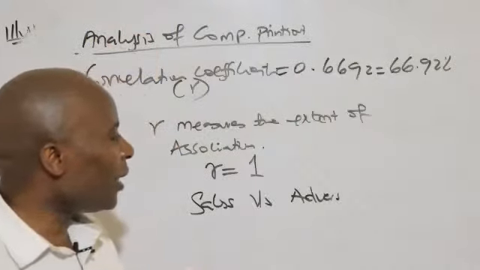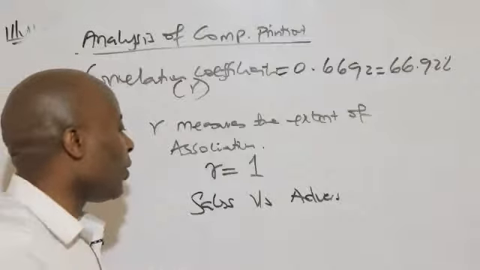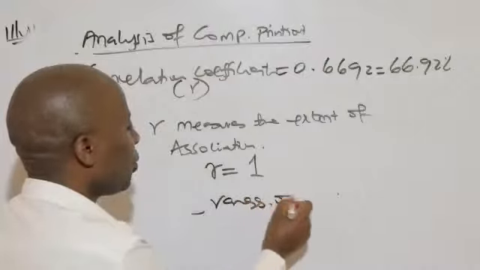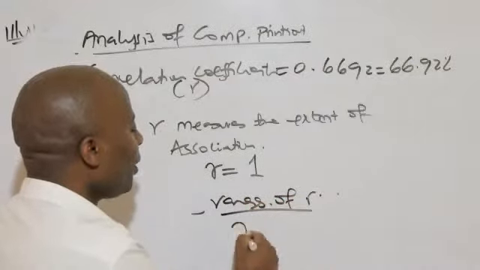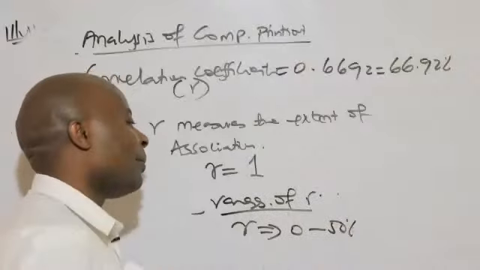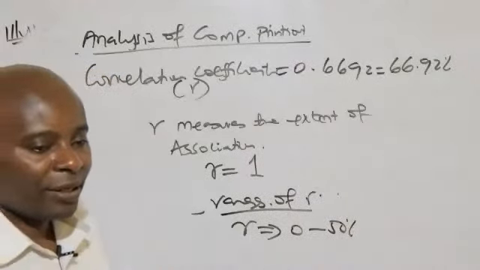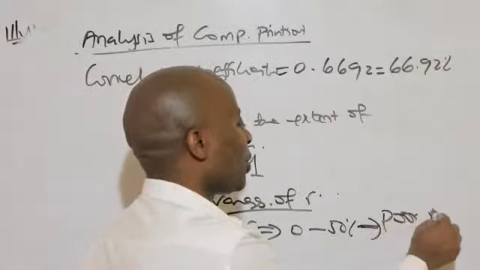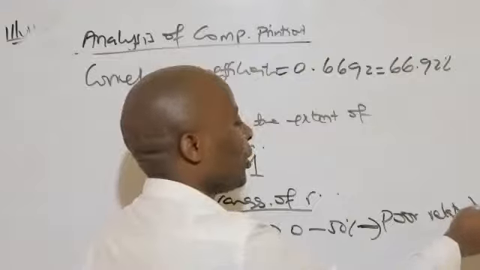So ladies and gentlemen, whenever we have our R, remember the ranges of our R. When R falls between 0 all the way up to but less than 50%, this is a poor relationship, poor association.